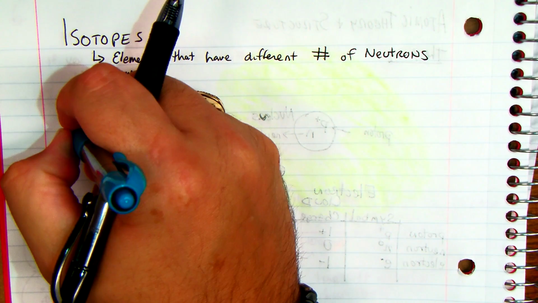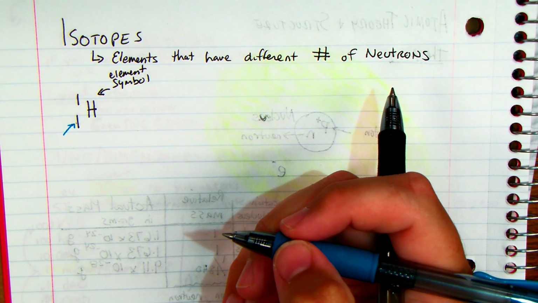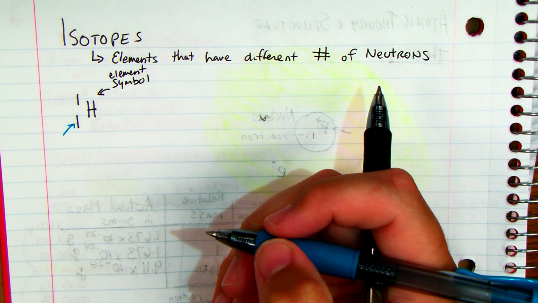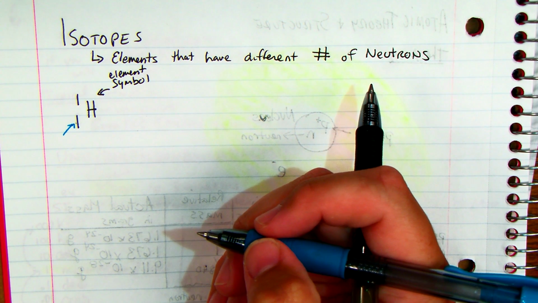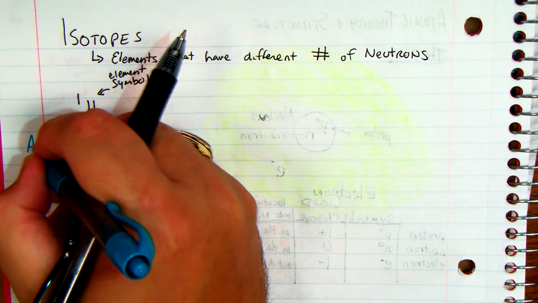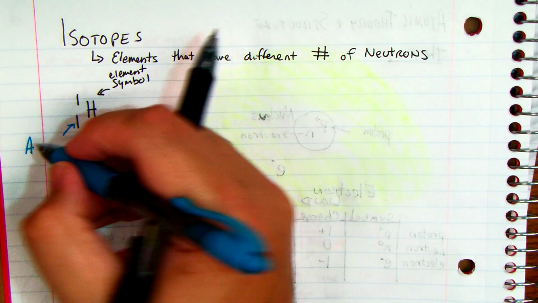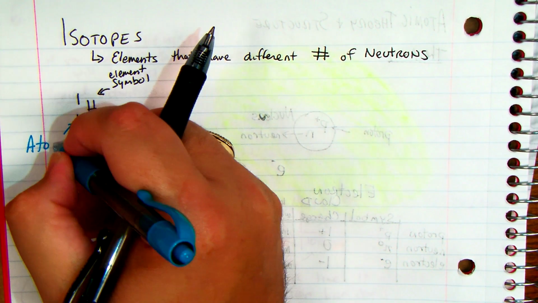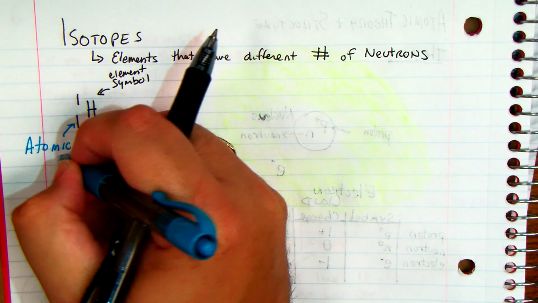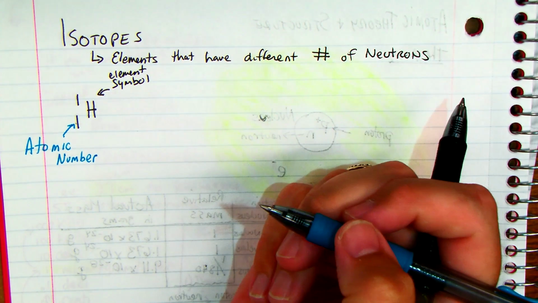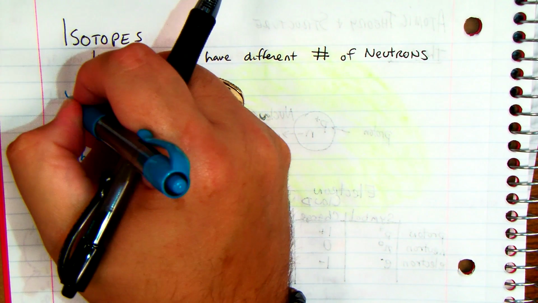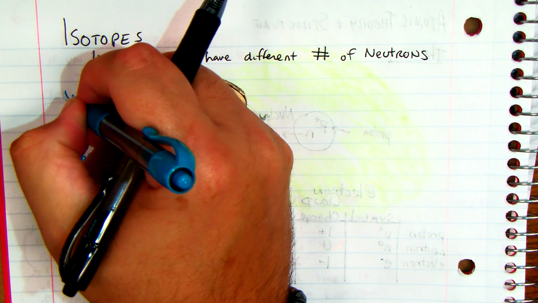Do we know what the bottom number is? Nope. It is your atomic number. This guy up here, anybody know the name of this number?